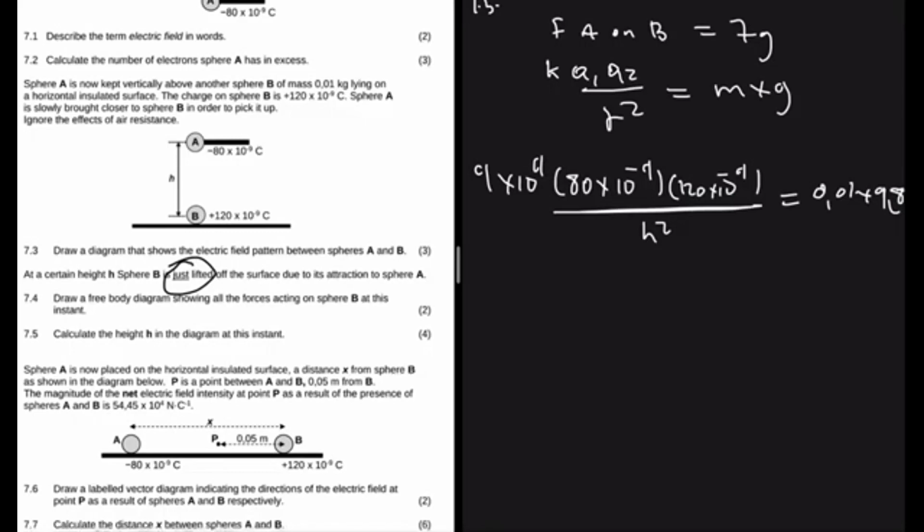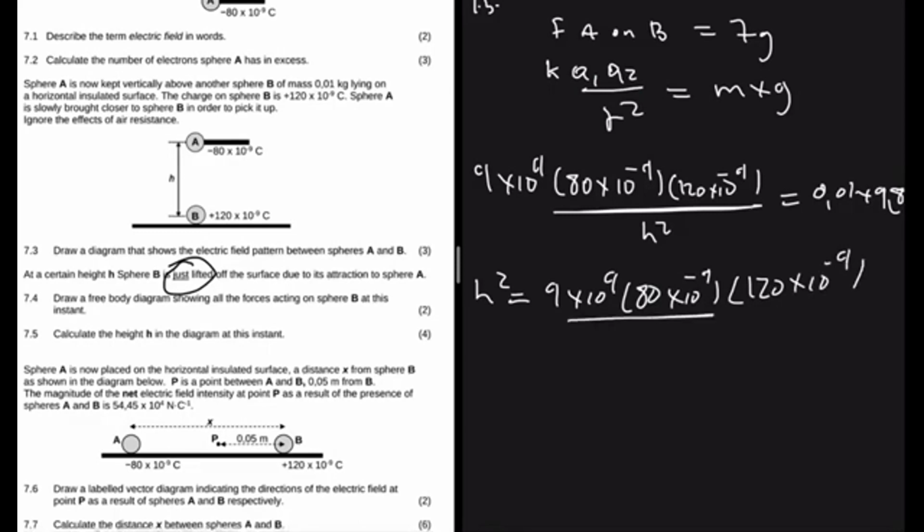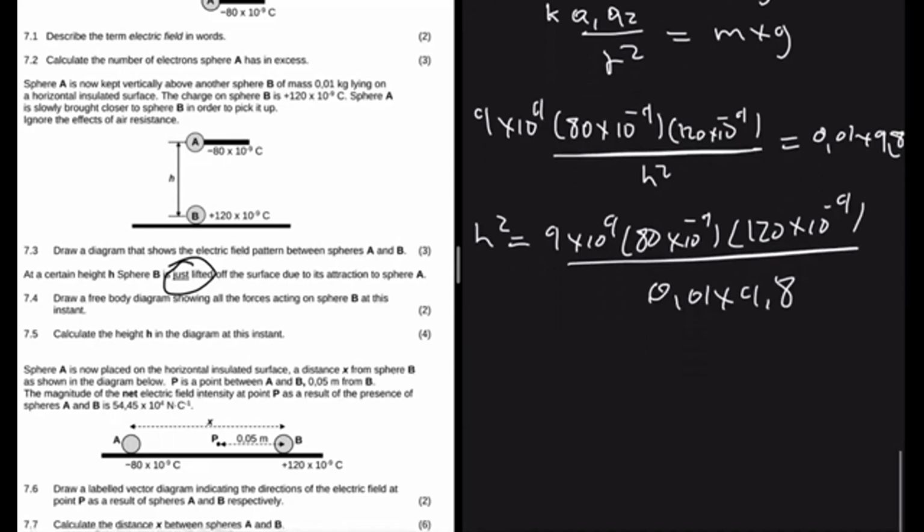So we're going to have h squared being equal to 9 times 10 to the 9 multiplied by 80 times 10 to the minus 9 multiplied by 120 times 10 to the minus 9, and then we are going to divide this by 0.01 multiplied by 9.8. Now we can take square roots on both sides, right?